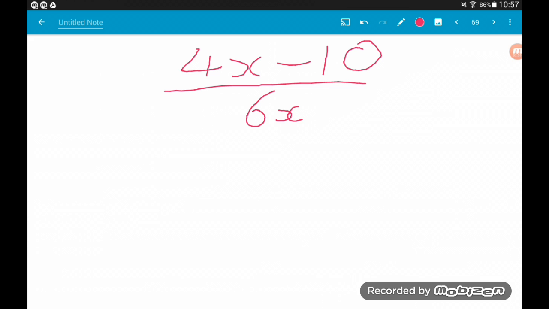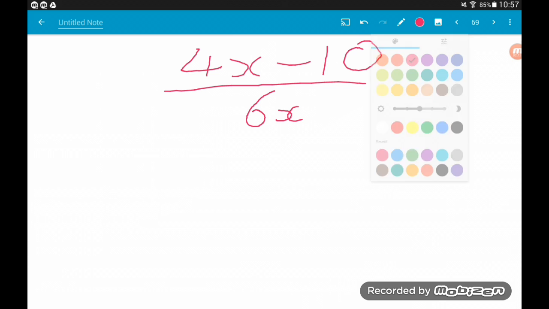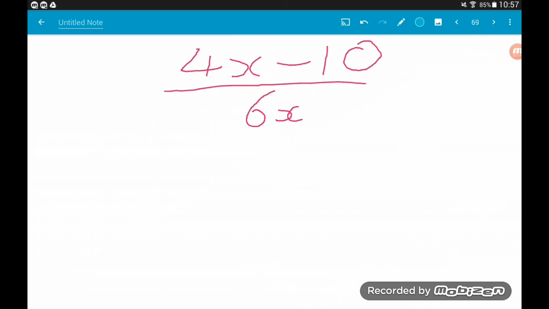Well, it's 2. So we can divide each term by 2. 4x divided by 2 is 2x. Minus 10 divided by 2 is minus 5. And 6x divided by 2 is 3x.